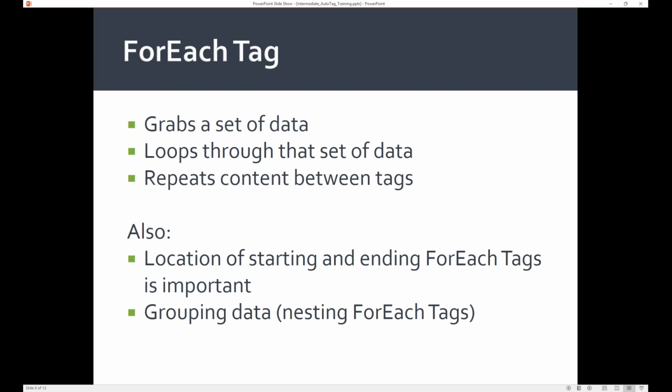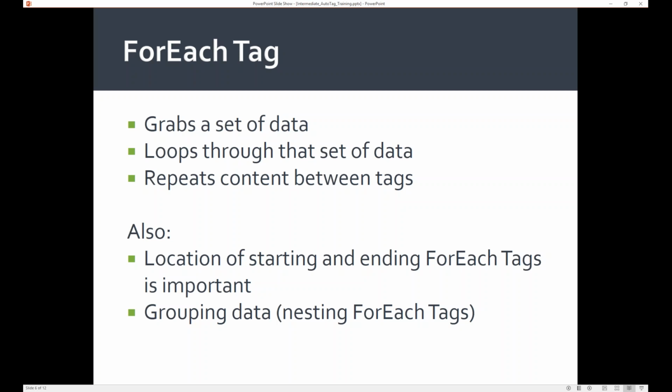So the for each tag, let's review what it actually does. It does three things. First, it grabs a set of data, any set of data that you want to pull from your data source. Secondly, it loops through that set of data that you selected to work with. And third, it repeats all the elements between the beginning and ending tags.